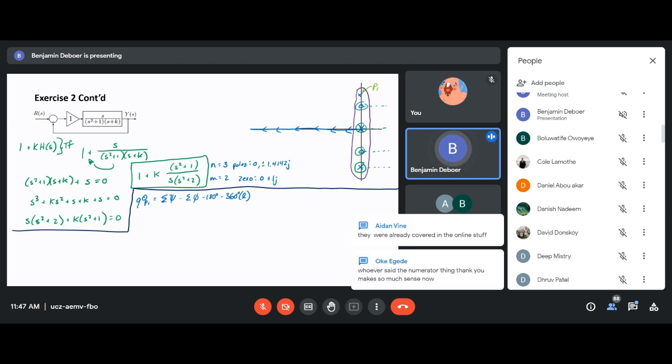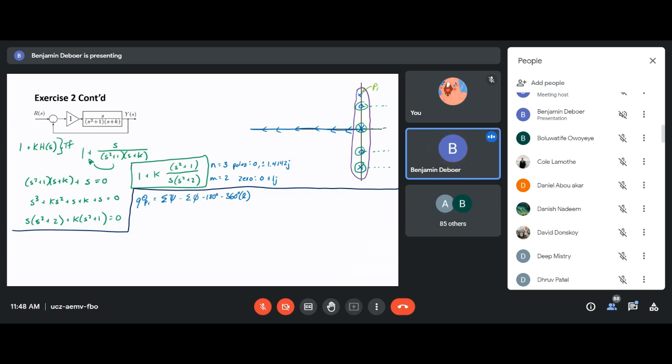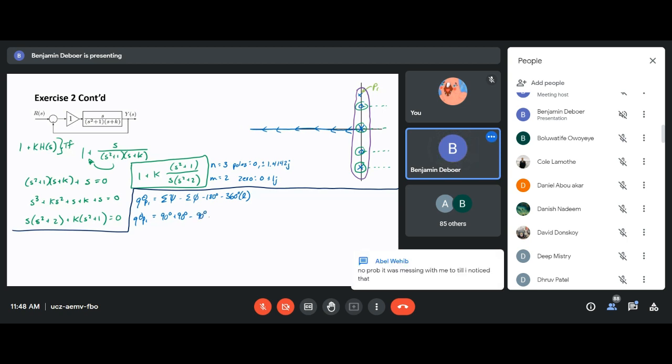So what you see here is every angle here is actually 90 degrees. And so this makes everything very simple because we don't actually have to do any trigonometry. And so we have the sum of the zeros, which is going to be 90 degrees plus 90 degrees. And then we're going to minus the poles, which again are going to be 90 degrees, and then 90 degrees.